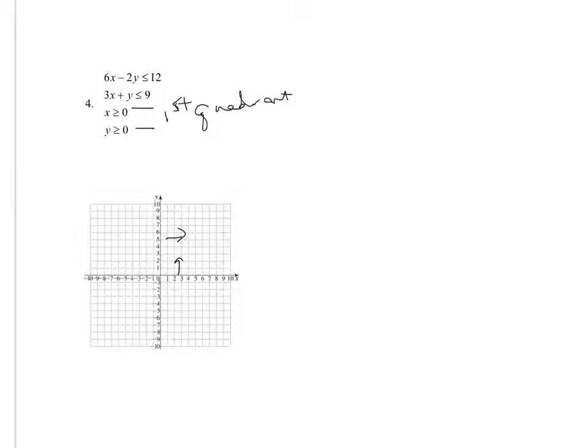Now, I have 2 inequalities that need to be graphed. This top one, again, you can choose to use intercepts, you can choose to use slope-intercept form. If I decide I want to use the intercept method, I can put in 0 for x and solve to find the y-intercept. So I'd have negative 2y is less than or equal to 12.